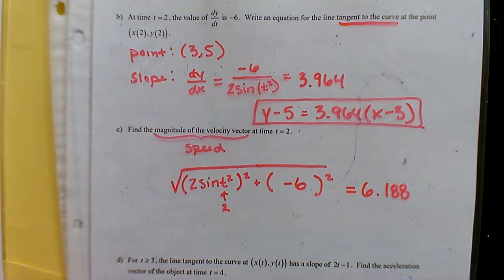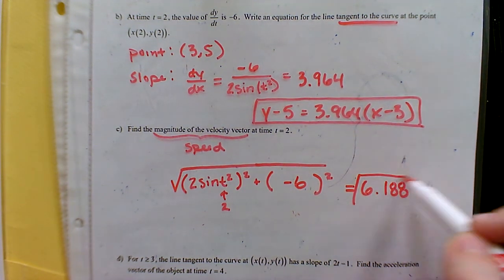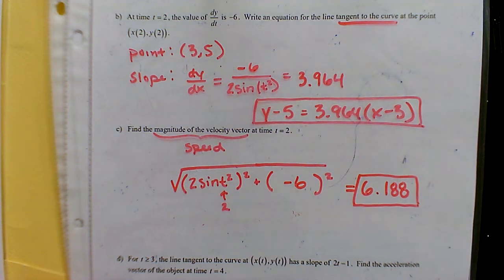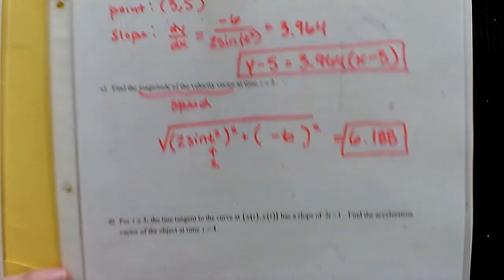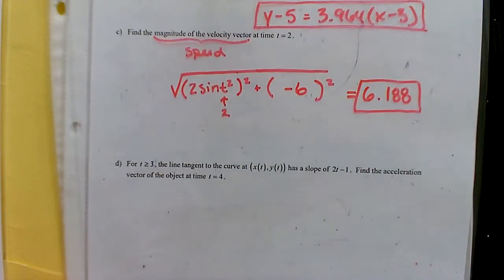We get 6.188. Okay. We doing okay? So far? So far? Okay.